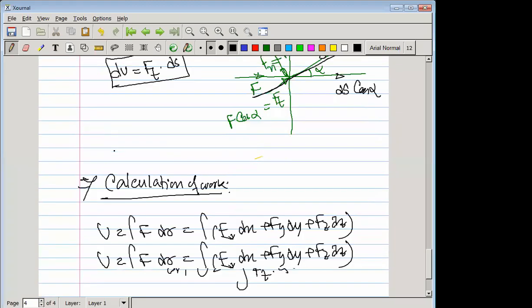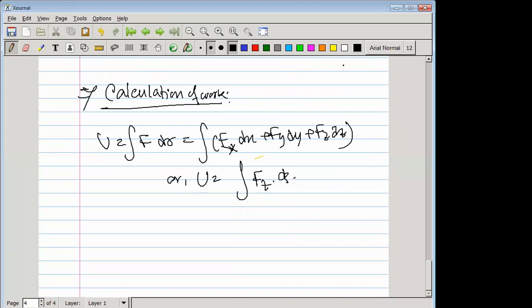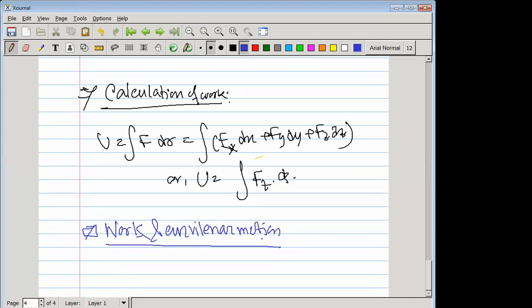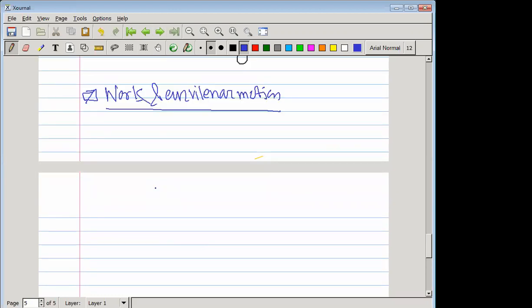Now work and curvilinear motion. Here we have to draw some diagram so that you can easily understand.